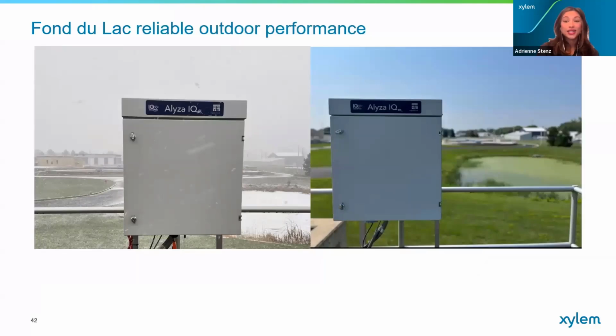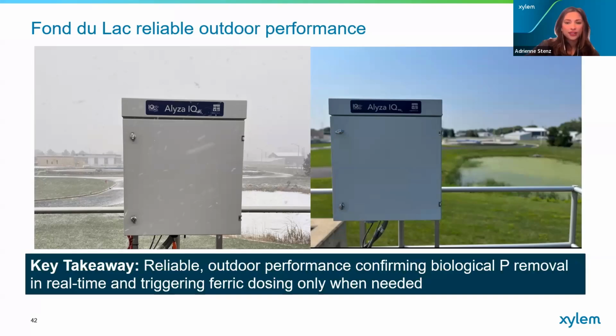The Alyza analyzer is installed outdoors, exposed to Wisconsin's weather year-round, and it's continued to deliver reliable data in all conditions. The Alyza is rated for use in -4 to 104 degrees Fahrenheit. The analyzer is installed at the effluent of the aeration system, which allows operators to confirm biological phosphorus removal in real time.